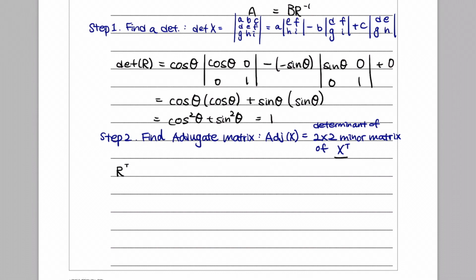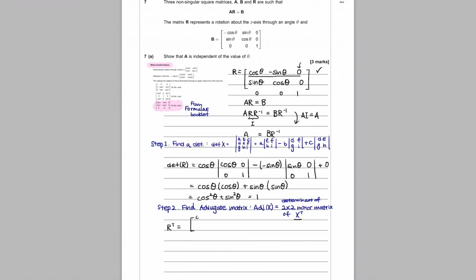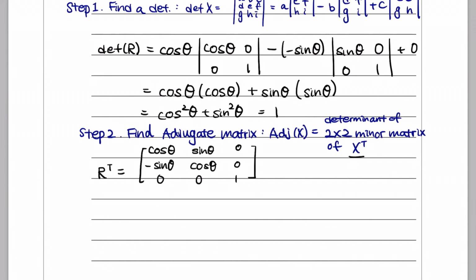Our transpose of the matrix R: first row becomes first column, so cosine theta, minus sine theta, and 0. Second row becomes second column: sine theta, cosine theta, and 0. And then the last is 0, 0, 1. Okay, so we got the transpose.